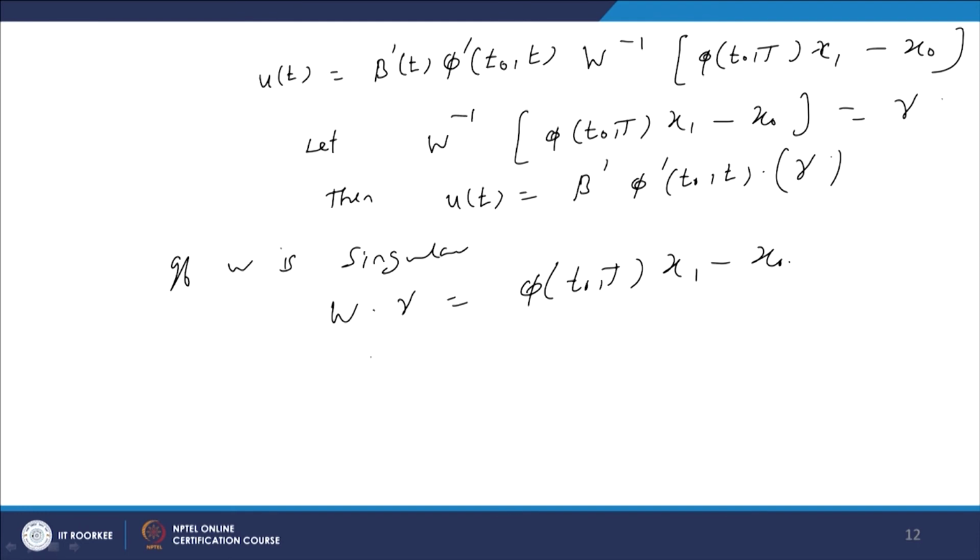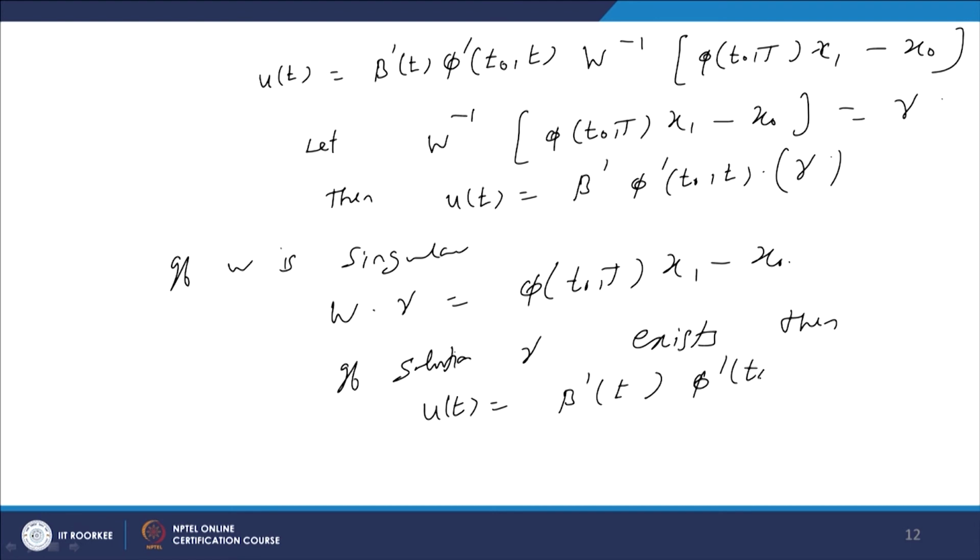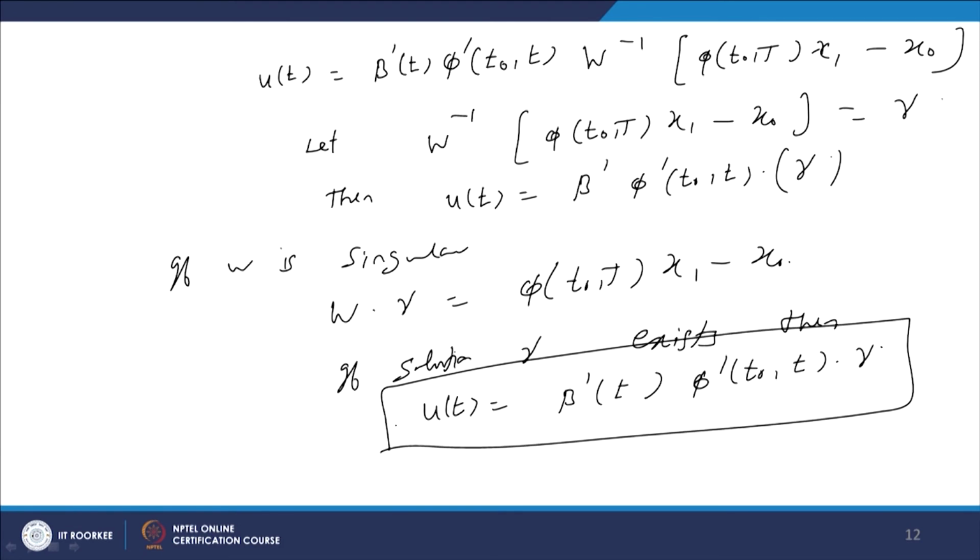If a solution gamma exists for a suitable right hand side, then u of t can be obtained as b transpose of t, phi transpose of t0 to t, into gamma. So, in this case where the system is not controllable, we can also find a control, but the restriction is that the solution may exist only for certain x naught and x1.